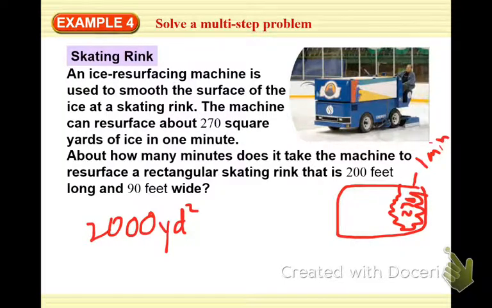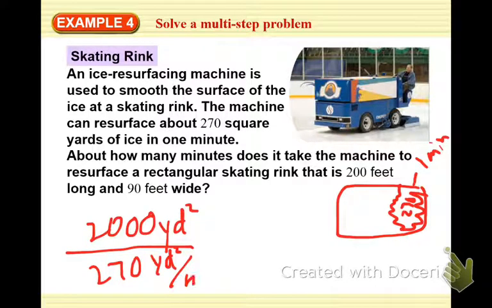Now, knowing that, how am I going to figure out how many minutes it takes? Yes, divide 2,000 by 270. Right, we would divide 2,000 by 270, and we would end up with whatever that is.